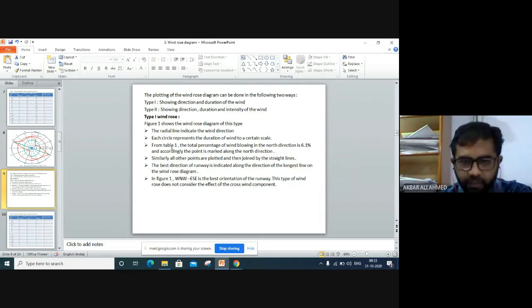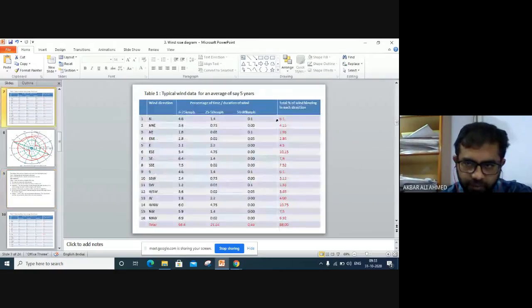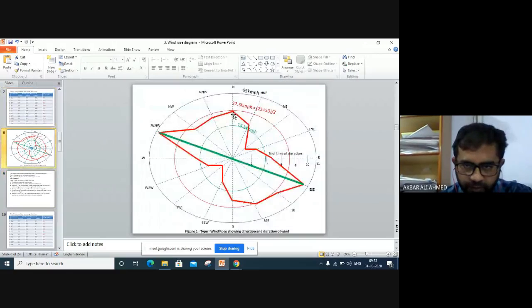Then in the figure, from the table, point 1, the total percentage of wind blowing in the north direction is 6.1%, and accordingly the point is marked along the north direction. So you see here 6.1, we are marking here 6.1. This diagram is a little bit wrong. It should come a little bit below, something like this. Then it will be correct.